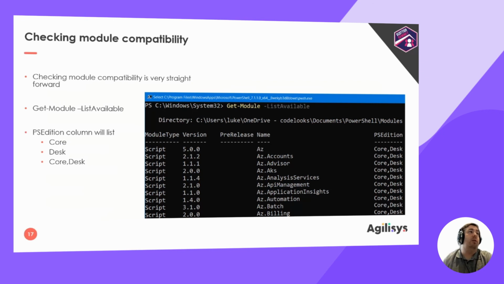You can see Core and Desk are the two. Core is PowerShell 7 or PowerShell Core, and Desk is Windows PowerShell. If you see both, it's compatible with both. But the main one you're looking to avoid is a PS edition of Desk only. I think we can quite easily check the module compatibility that way.